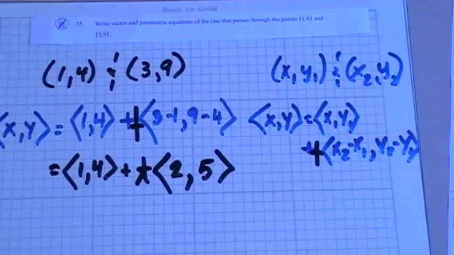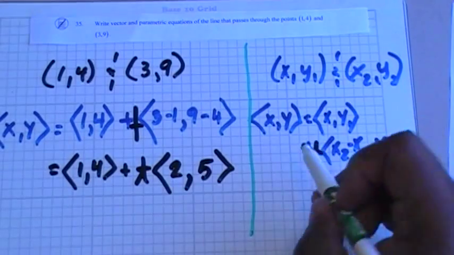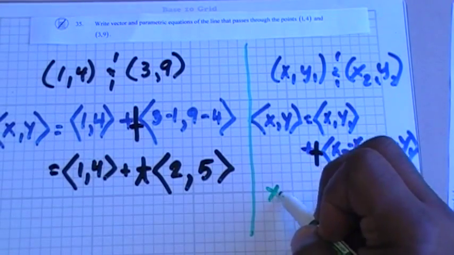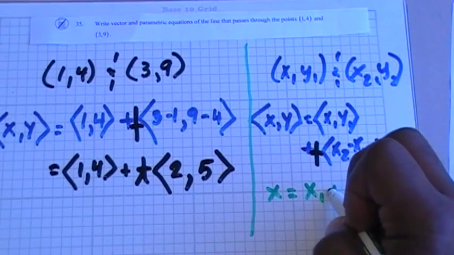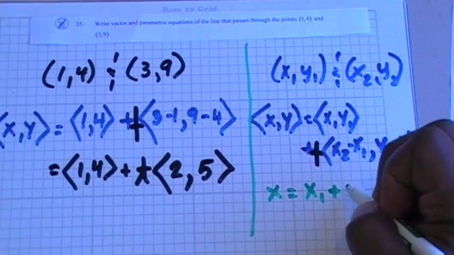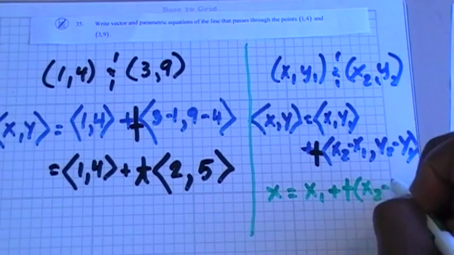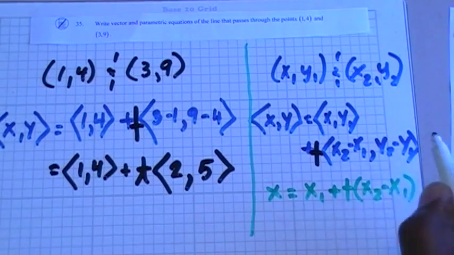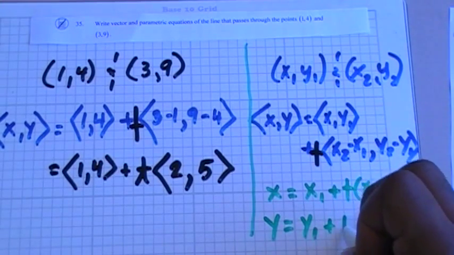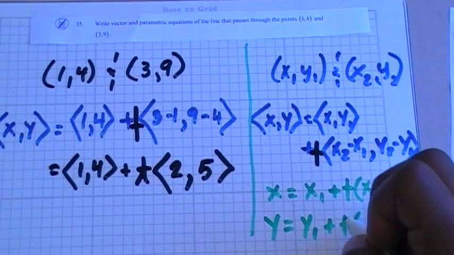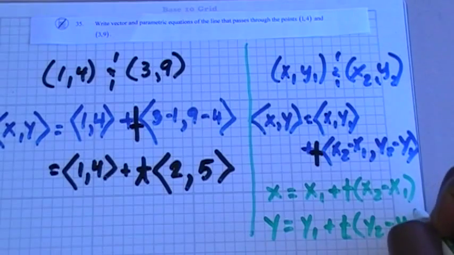Now, to write that in parametric form, it becomes, we just take all the x's. x is equal to x1 plus t times (x2 minus x1), and y is equal to y1 plus t times (y2 minus y1).